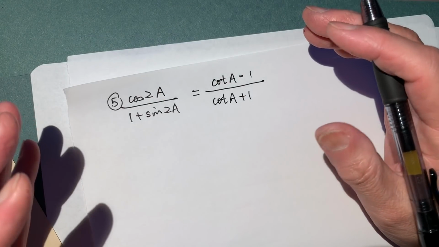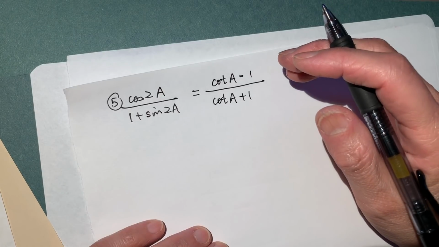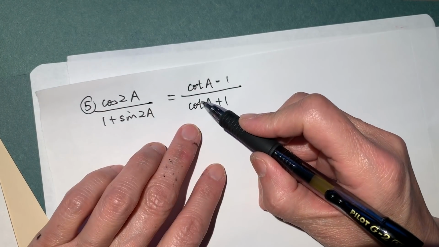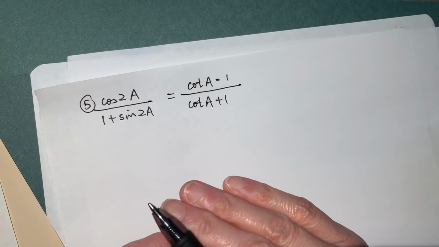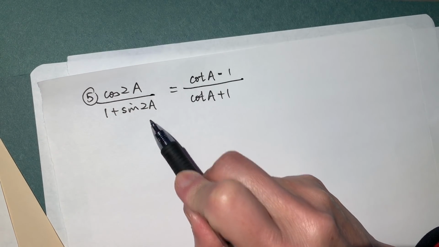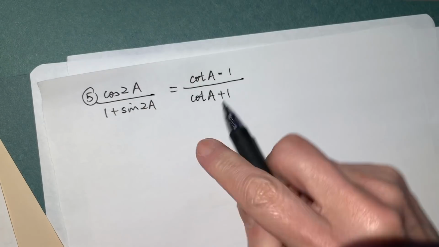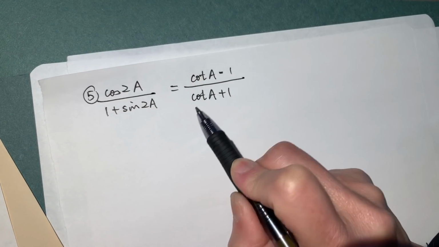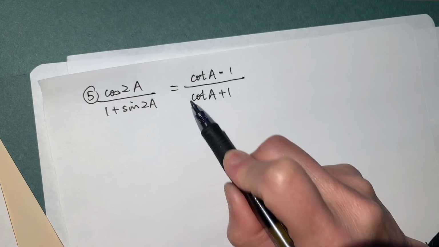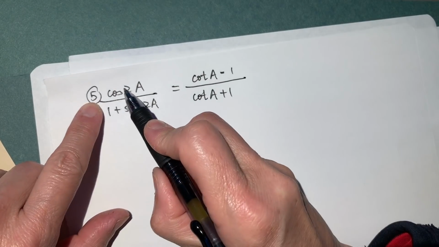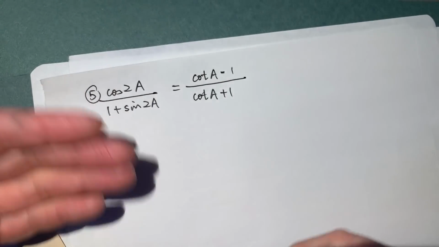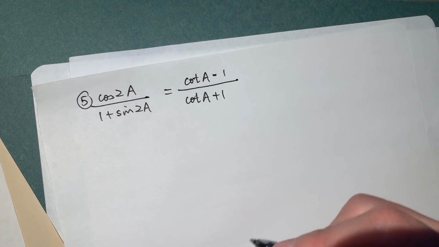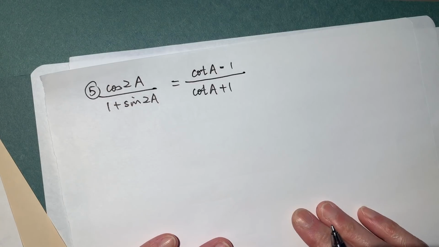And so it's hard to know where to start. But when I see this kind of problem, this is cotangent, move back into sine, cosine, and express cotangent with sine, cosine. And this 2a, we can open it up later on, using the double angle formulas.